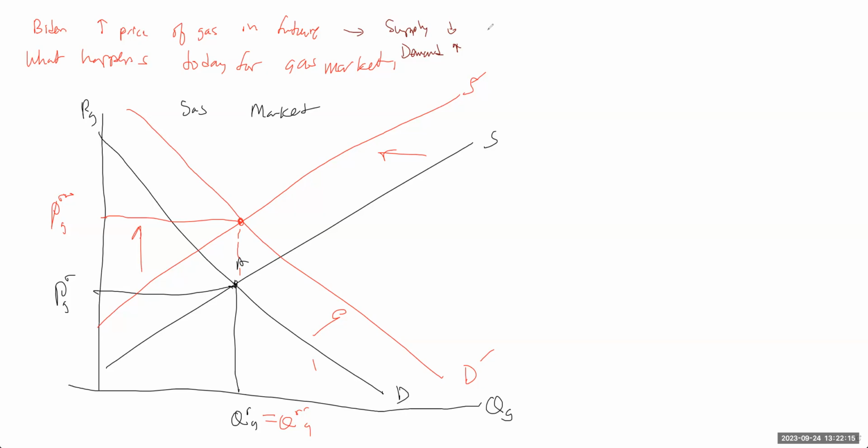So in certain scenarios like this, we can have multiple different answers. And if I'm not very specific on whether it impacted supply more or demand more, all three answers are correct. So in this scenario, when Biden increased the price of gas in the future, we know that the price increased, but for quantity, it's ambiguous. We don't know. It could go up, it could go down, or it could stay the same.